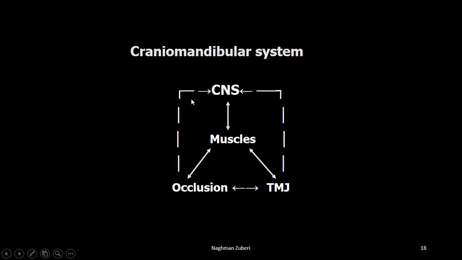Any problem in any of these, I must say, muscles will be affected first, and patient is going to have myofascial pain syndrome. Well, that could be because of other reasons as well, but these are the major causes of muscles going into a lot of problem.